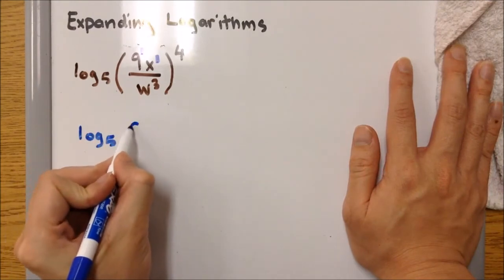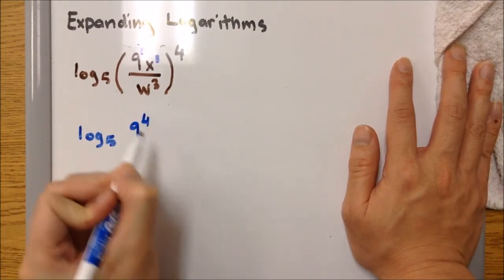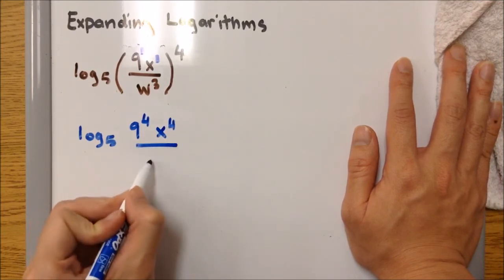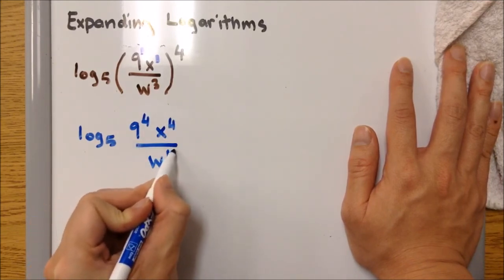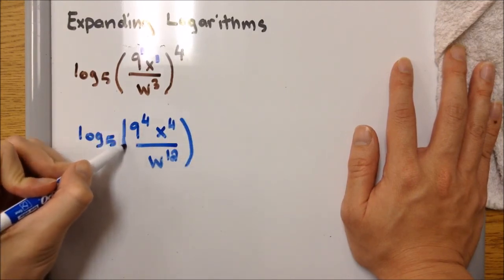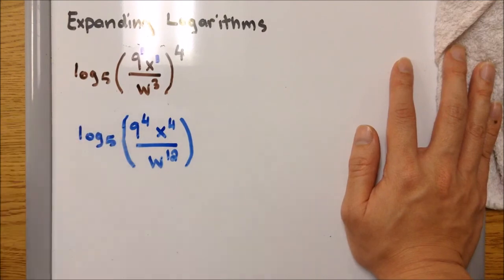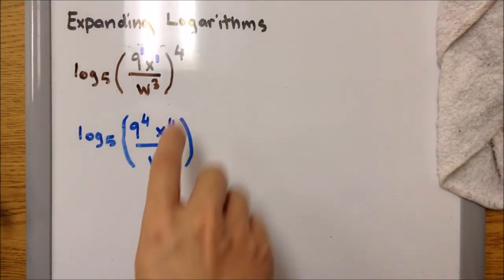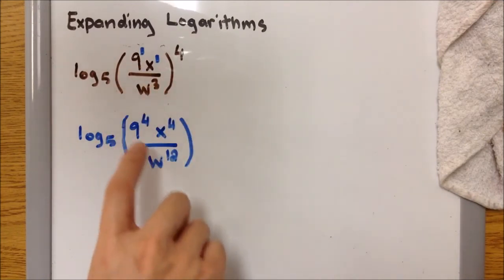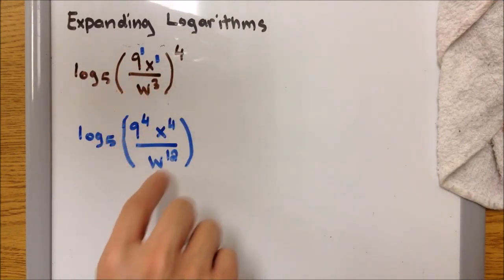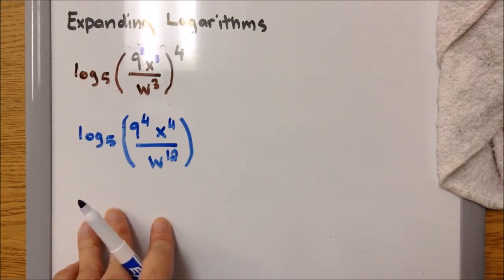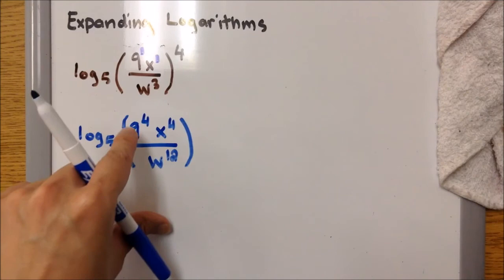So it will be 9 to the 4th power, it will be x to the 4th power, and then it will be w to the 12th power. So again, all I did was distribute the 4 to all the exponents. So 4, 4, 12.